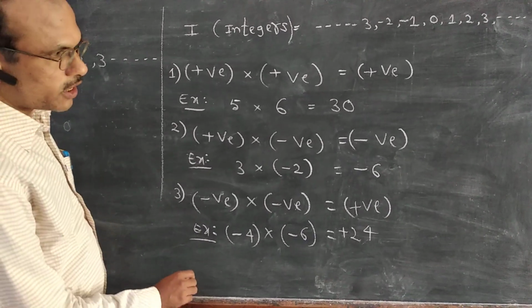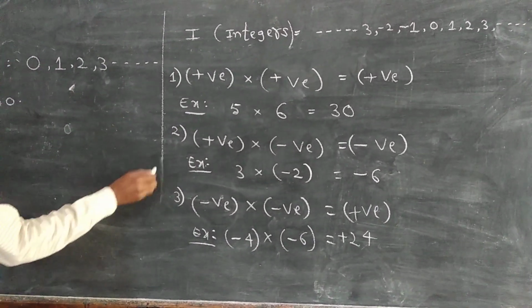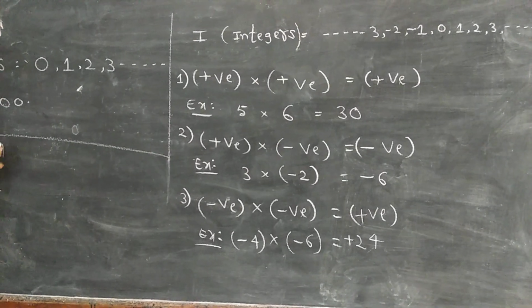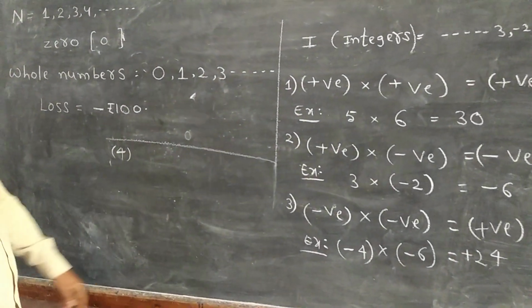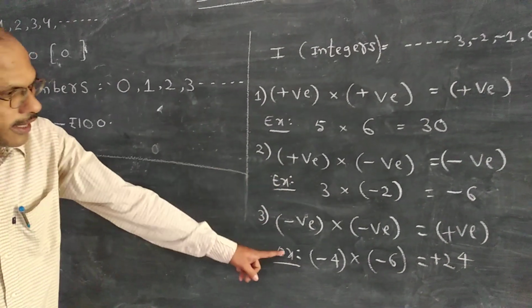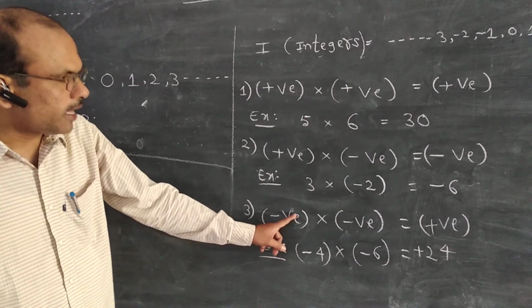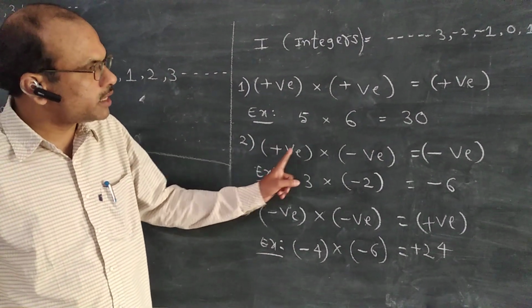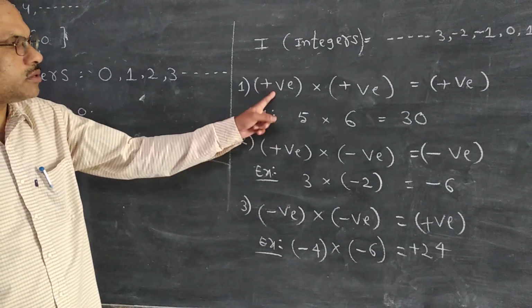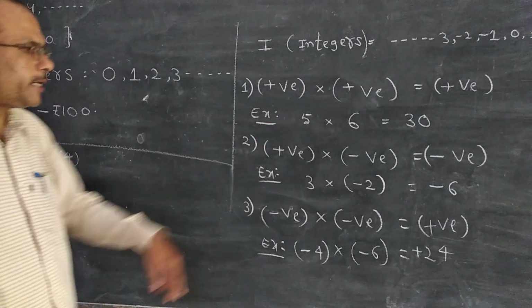Now one more multiplication we can do is the fourth multiplication. Here both negatives are multiplied, here one positive and one negative, and here both positives are multiplied.